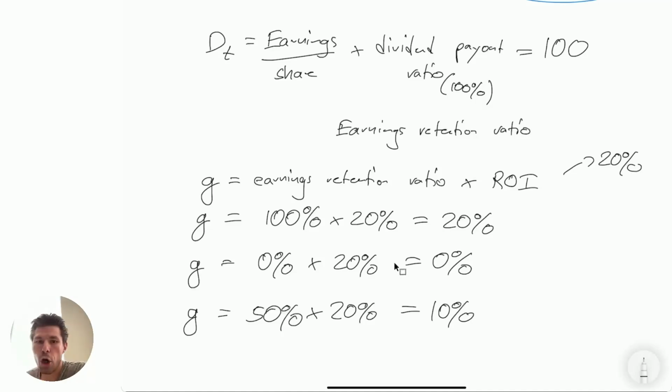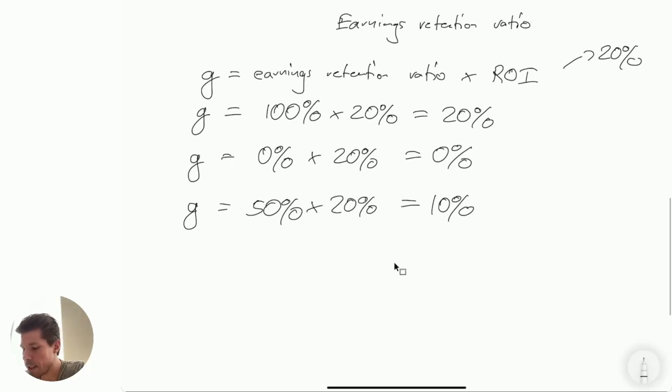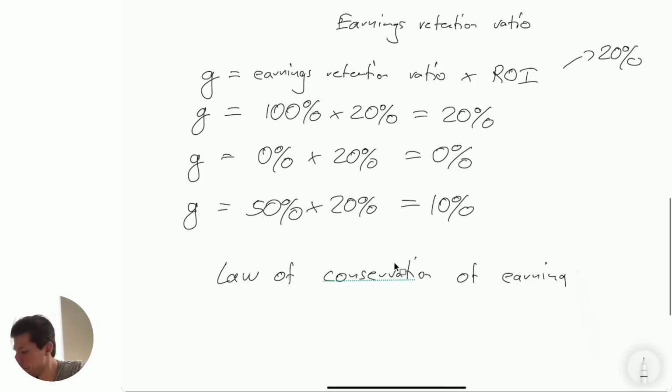In general, it's called the law of conservation of earnings, which says in general the dividend payout ratio plus the earnings retention ratio needs to equal one.